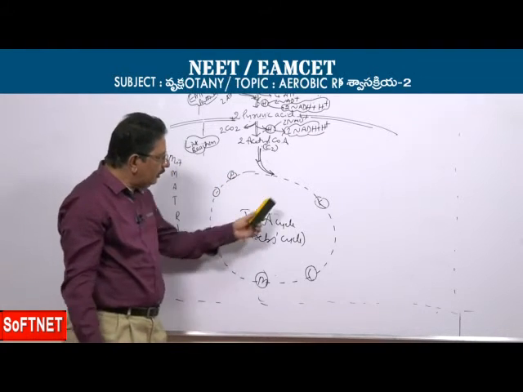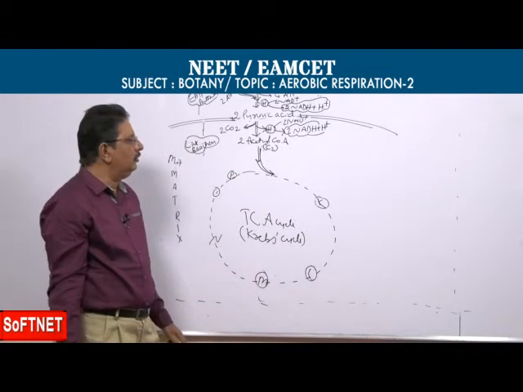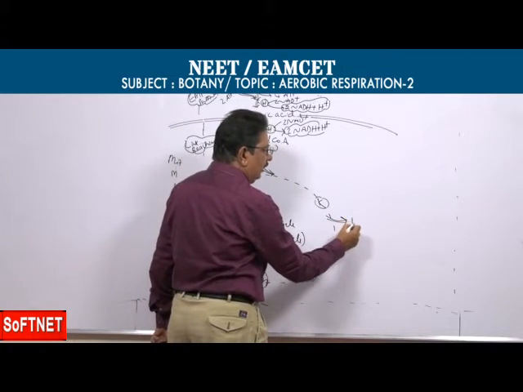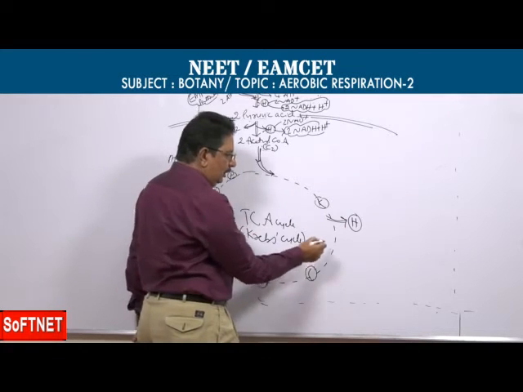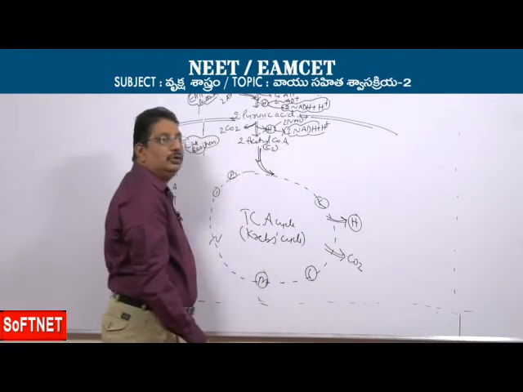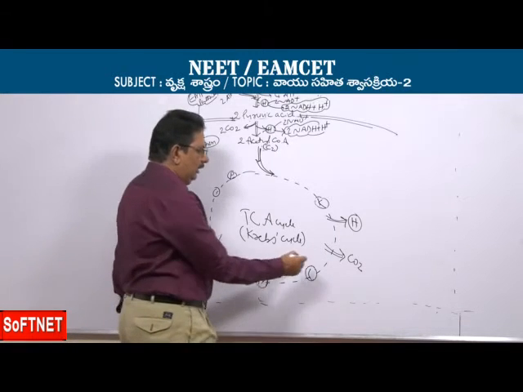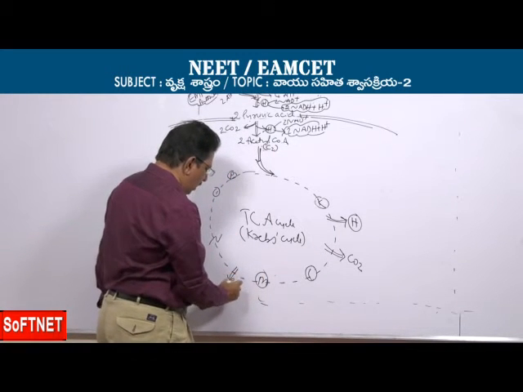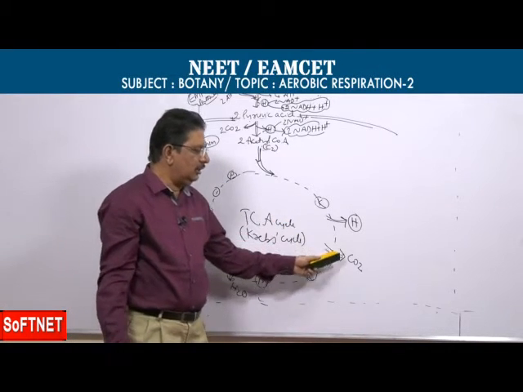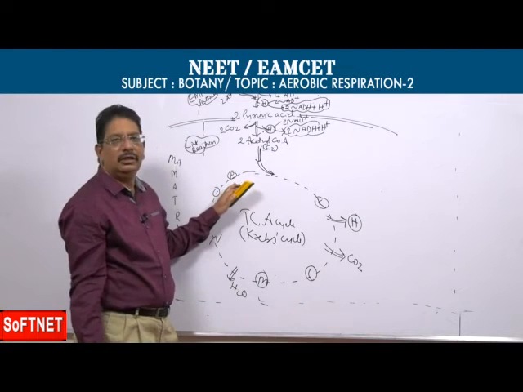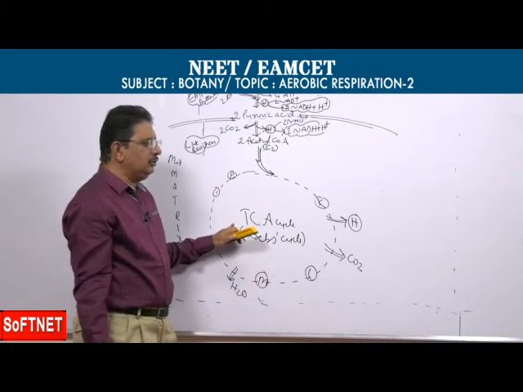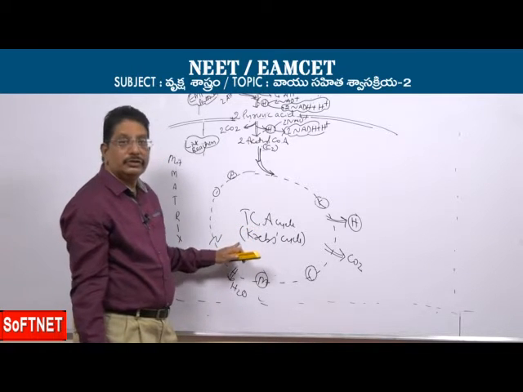So, a number of intermediate compounds are formed during the complete oxidation where hydrogens are removed, and a complete decarboxylation where CO2 is eliminated, and formation of water. So, complete oxidation and decarboxylation of acetyl coenzyme A in a cyclic manner is called TCA cycle or Krebs cycle.